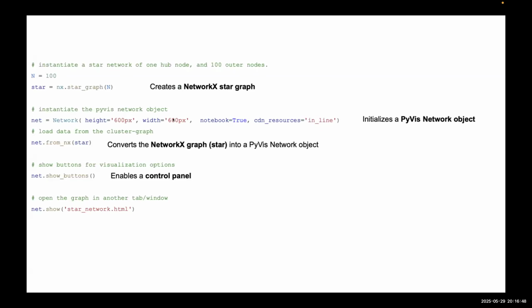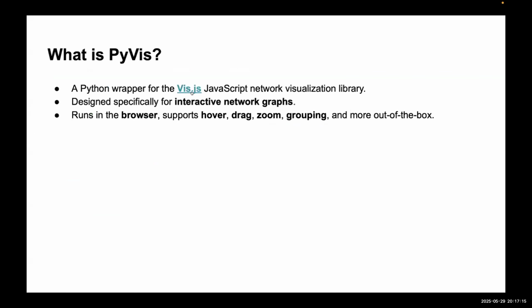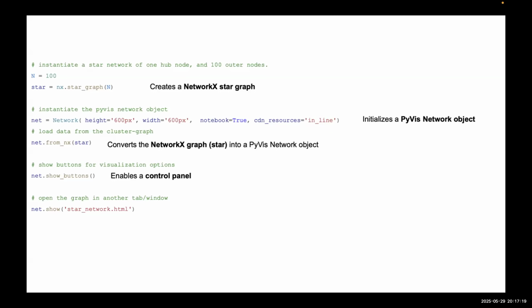It has some parameters: height, width, notebook equal to true. It means it will render in the notebook itself. And cdn_resources inline. What do you think is the CDN resources? Any guesses? These CDN resources are actually, pyvis uses JavaScript, right? As you see, it uses vis.js and some supporting JavaScript libraries.